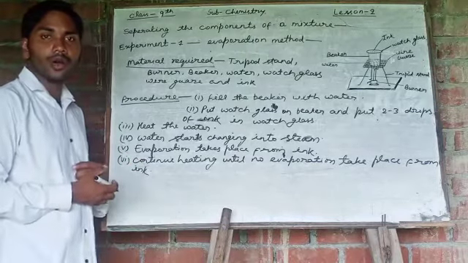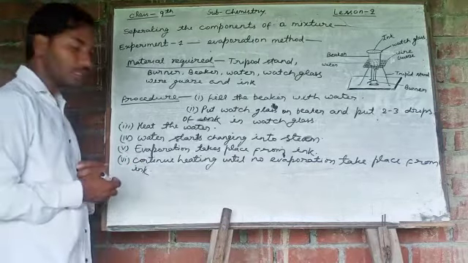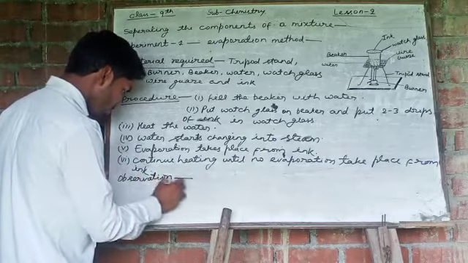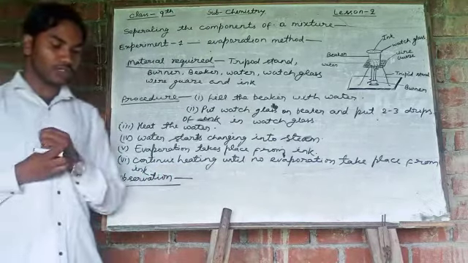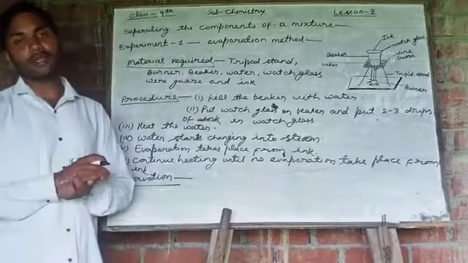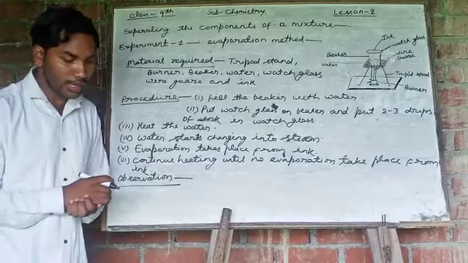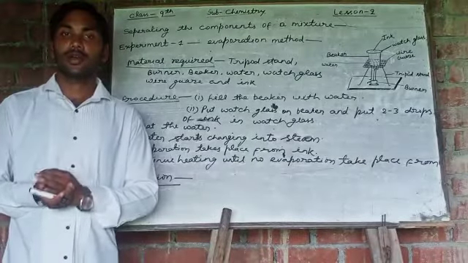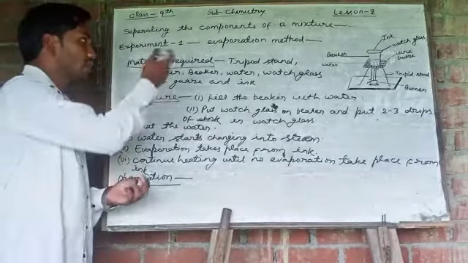So, the observation: what are the observations? Water gets evaporated from the ink and the color dye will remain in the watch glass.